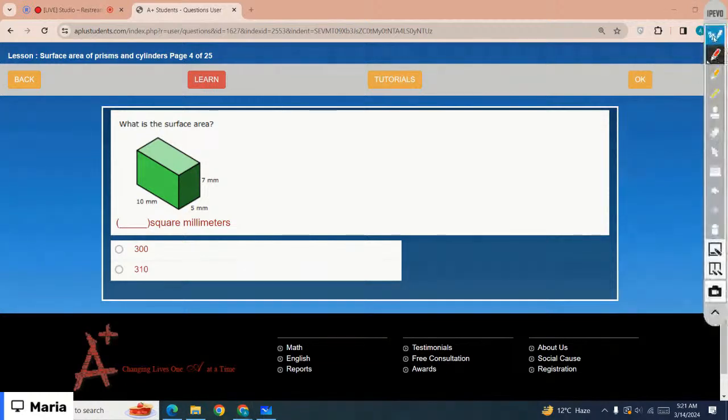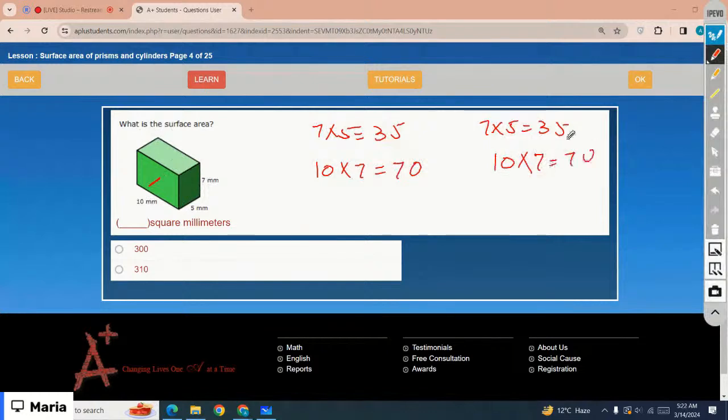The area of this face is 7 times 5, 35. The one on the other side has exactly the same area. Then this one has 10 and 7. So 10 times 7 is 70, and on the other side 10 times 7 is 70. For this one, this is 10 and this is 5. That is 10 times 5 is 50, and 10 times 5 is 50.